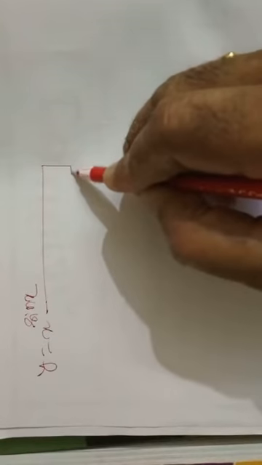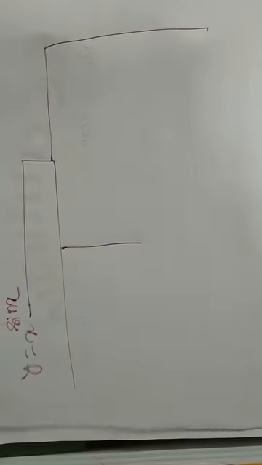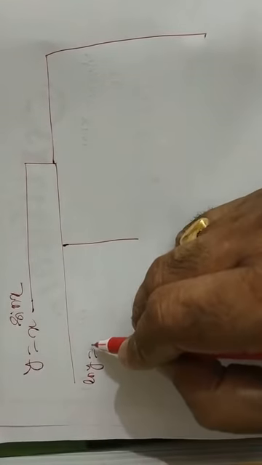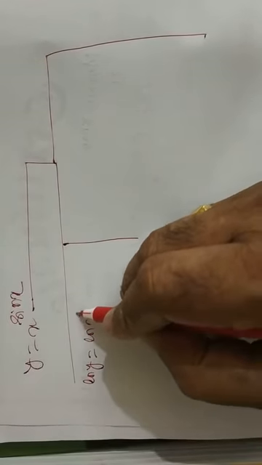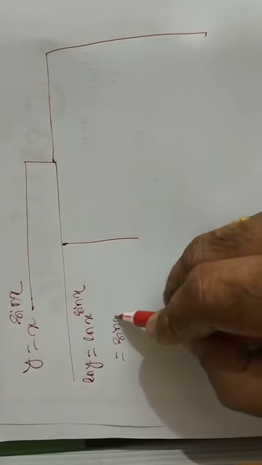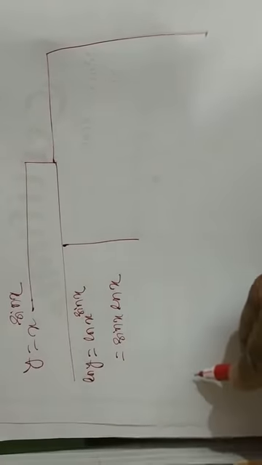Let us take one or two more examples. Yes, y is equal to x to the power sin x. How to differentiate? I can differentiate in two ways. Number 1, log y is log x to the power sin x. It is sin x log x.